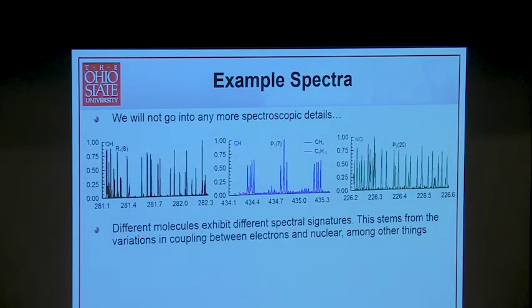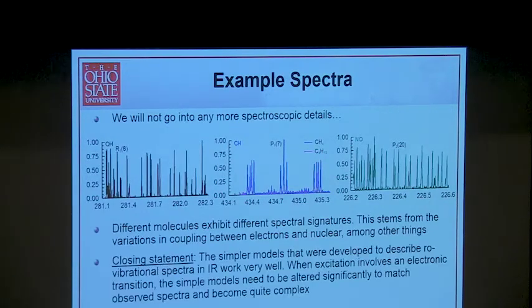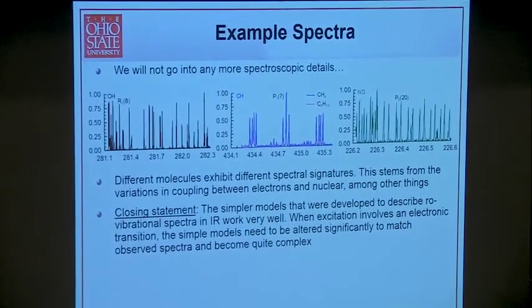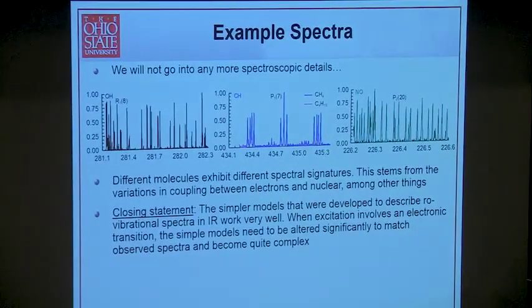What we can get out of this is that different molecules exhibit different spectral signatures. This stems from all the variations in the coupling between electrons and the nucleus, among other things. Finally, the simpler models developed to describe the rovibrational spectra and the IR work very well.